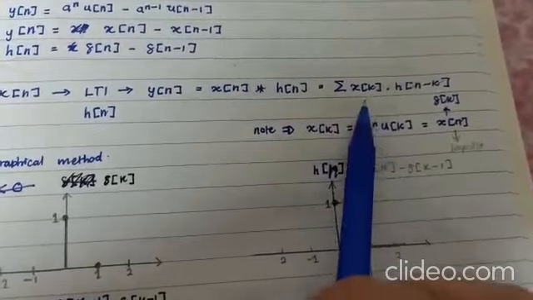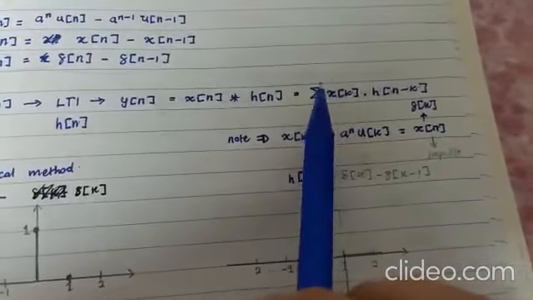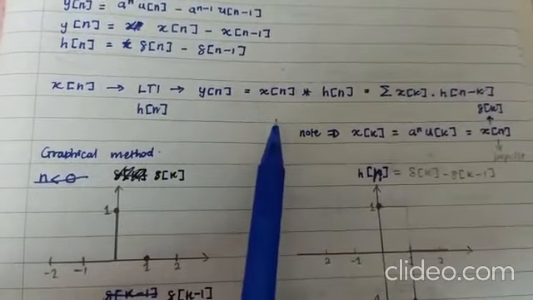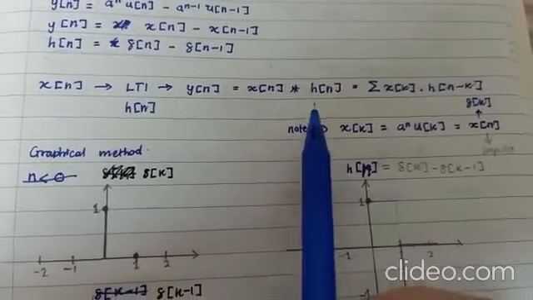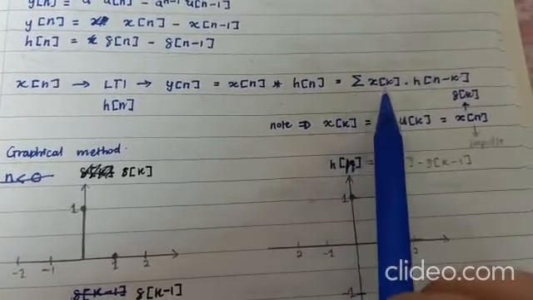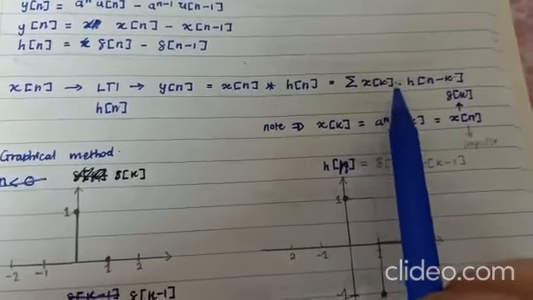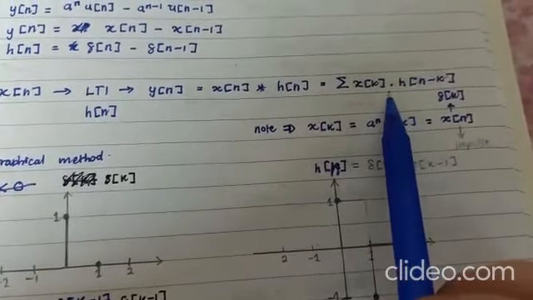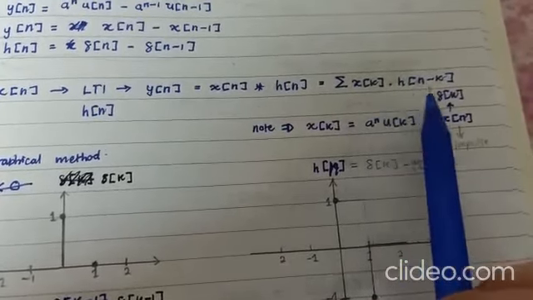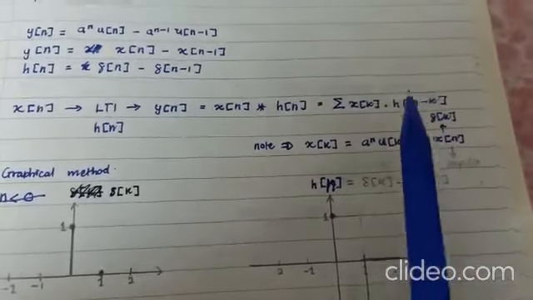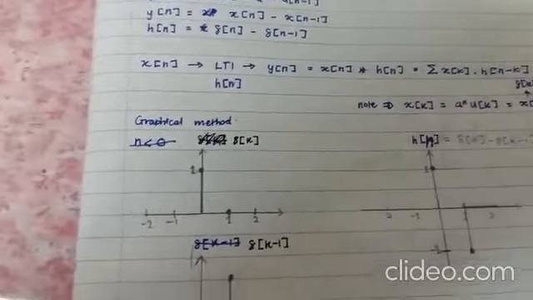Any alphabet can be used for the unknown, because yn is equal to xn convolved with hn, which equals the summation of x k, any variable here, times h n minus k. So my variable here will be k.